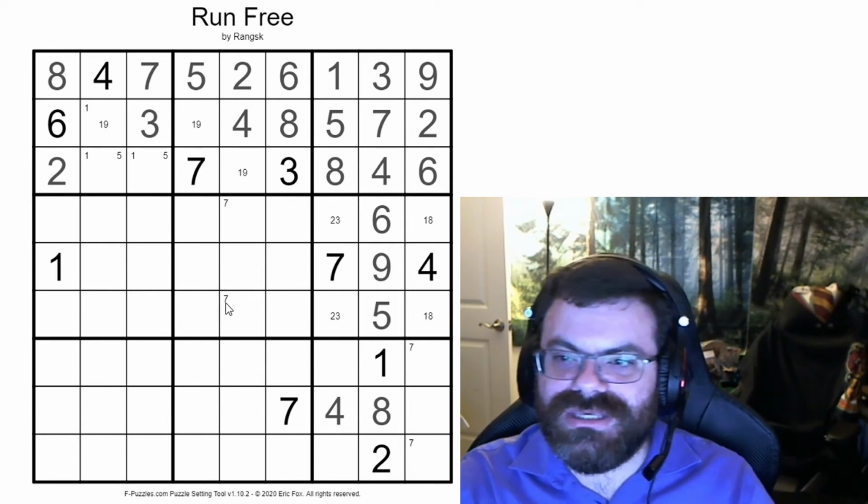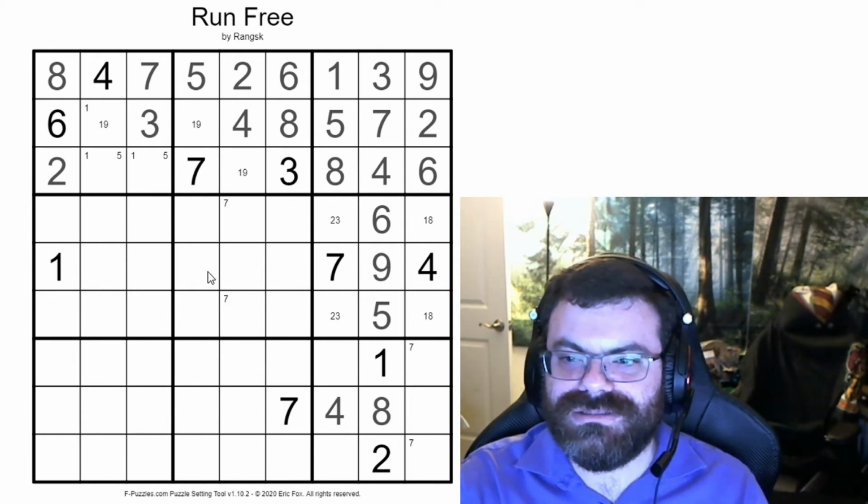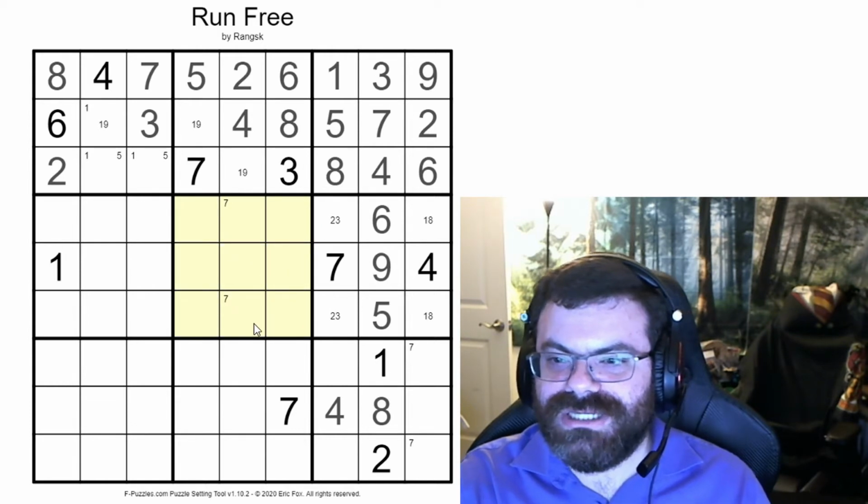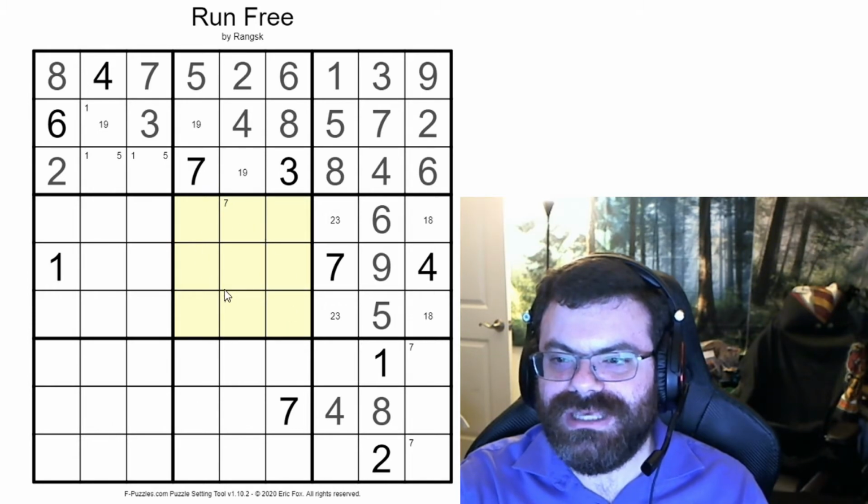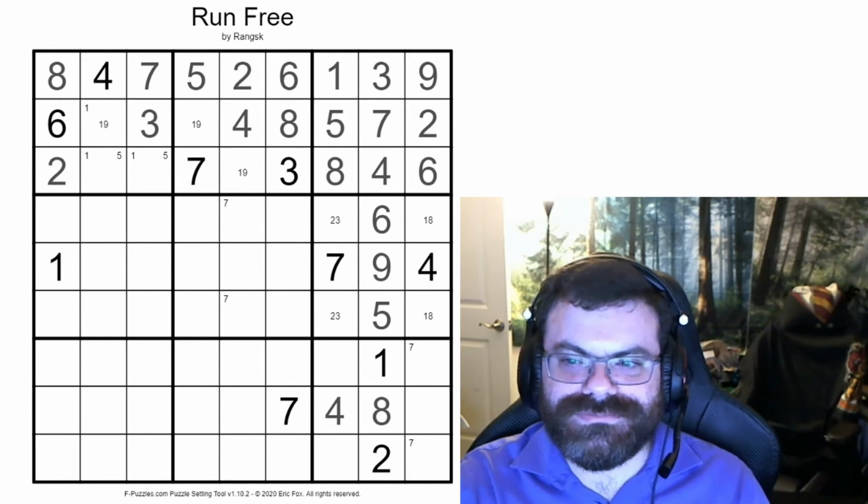So the first hint I'd like to give you is to focus on box 5. And I mean hyper-focus, there's a lot of work to be done in and around box 5. And so I will give you a chance to pause.